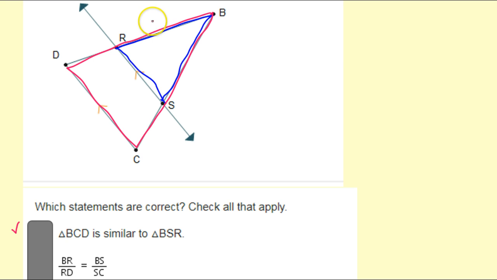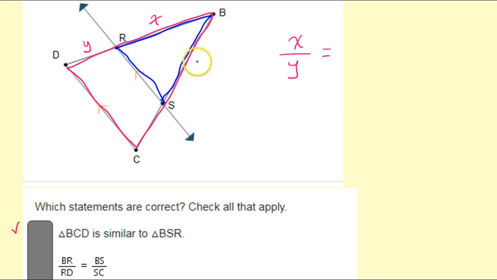So BR, I'll put an X right there, over RD, so that's like a Y. So we have X over Y is equal to BS over SC.